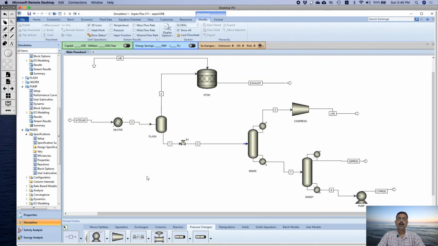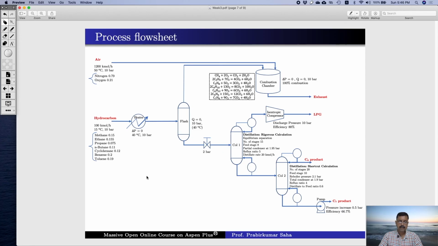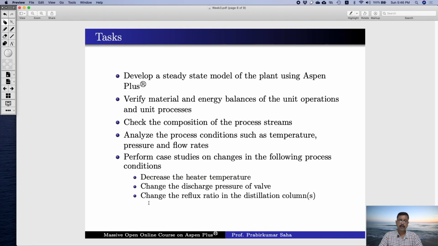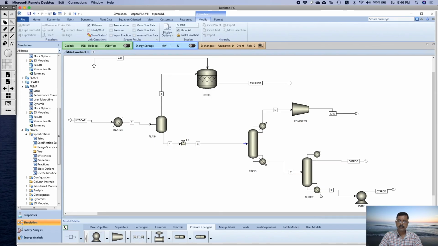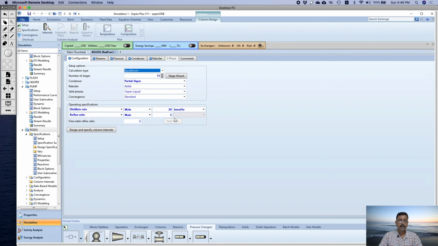Okay, now we shall see our last task, that is change in reflux ratio in the distillation column. Okay, so let us check the distillation column. Say take this distillation column. Here our reflux ratio is 5. Okay, and suppose we reduce the reflux ratio to 3.